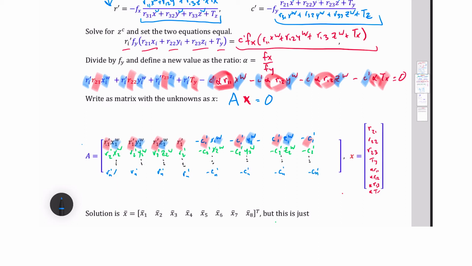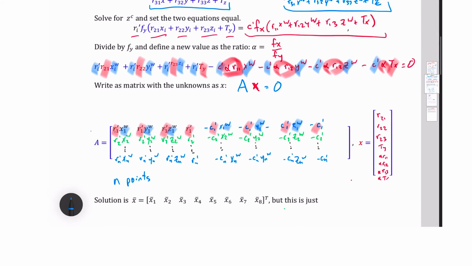And then we put in our xn, yn, and zn in the world. Then we've got this huge matrix that we built up for our n points.